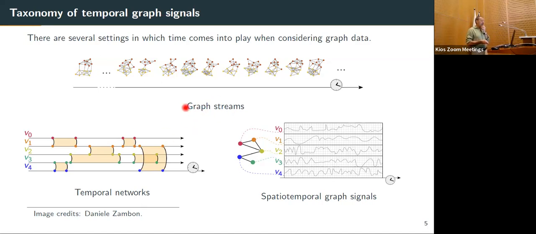So the first one is the graph stream. The graph stream says that if you have a discrete signal, over time, you get one sample. You might be sampling at the very same frequency, but not necessarily. So we will also have cases where the sampling frequency is not constant.